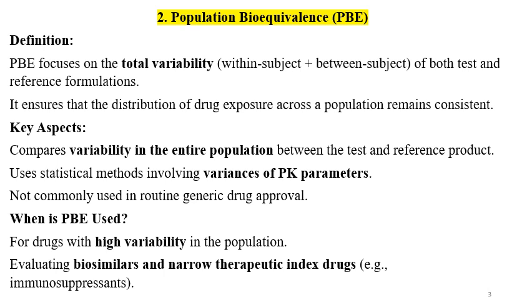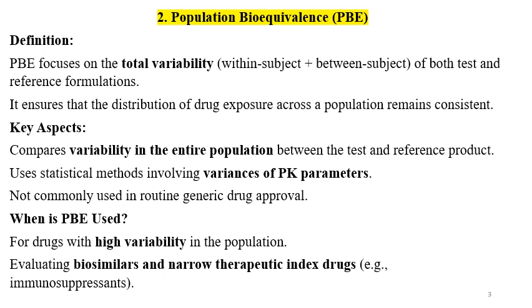Total variability including the within subject variability and between subject variability for both the test and reference formulations. And as it is a study for total variability, it ensures that distribution of the drug or drug exposure across a population remains consistent. So population BE study, as the name indicates, it studies the distribution of drug exposure across population.